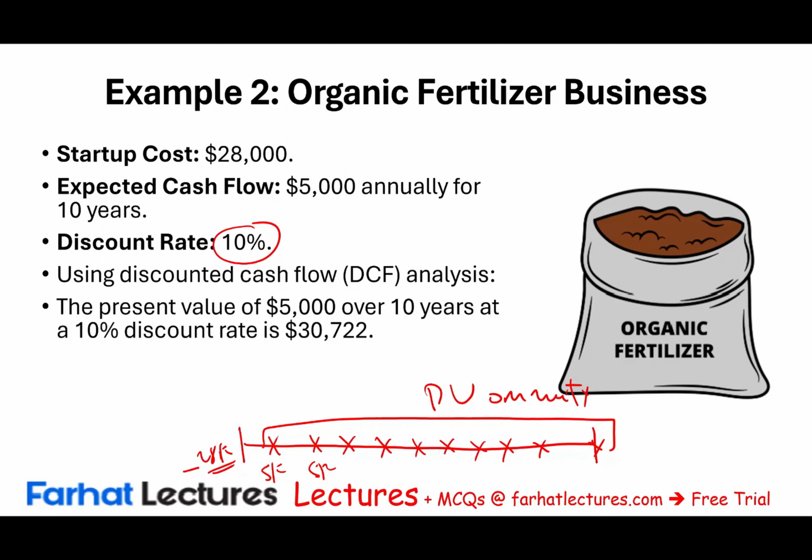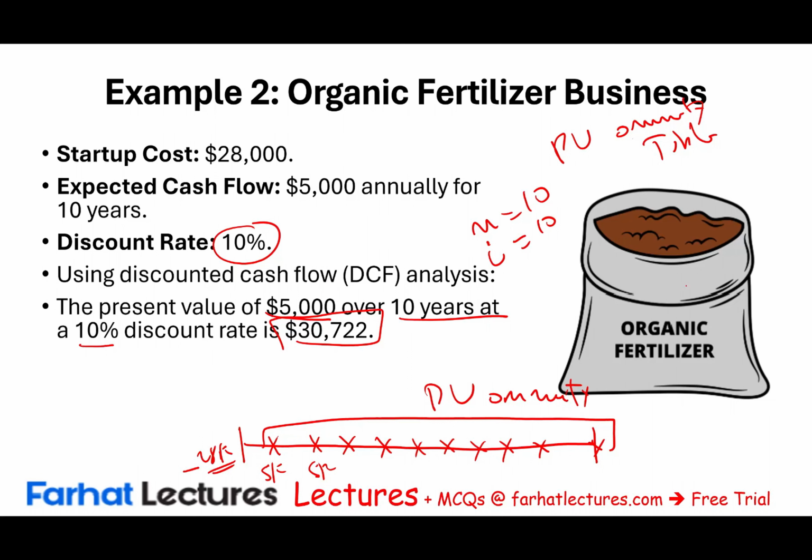Therefore, the present value of 5,000 over a 10-year period using a discount rate of 10% equals 30,722. Hold on a second. How did you come up with this number? Go to the present value annuity table, N equal to 10, because it's 10 periods, an interest rate equal to 10, and you will find the factor. You will take this factor multiplied by 5,000.